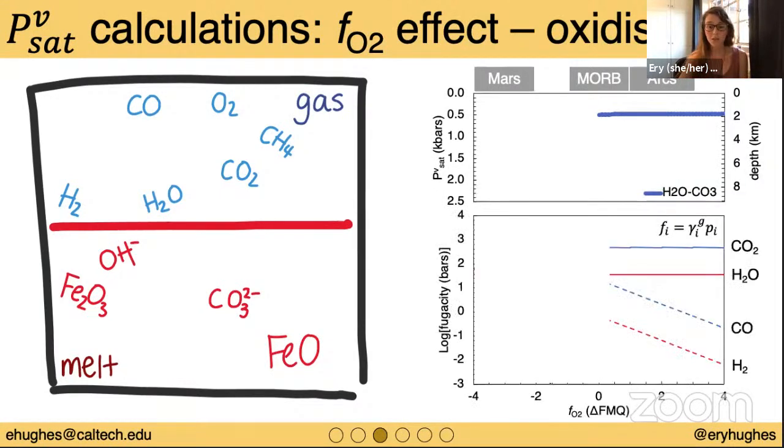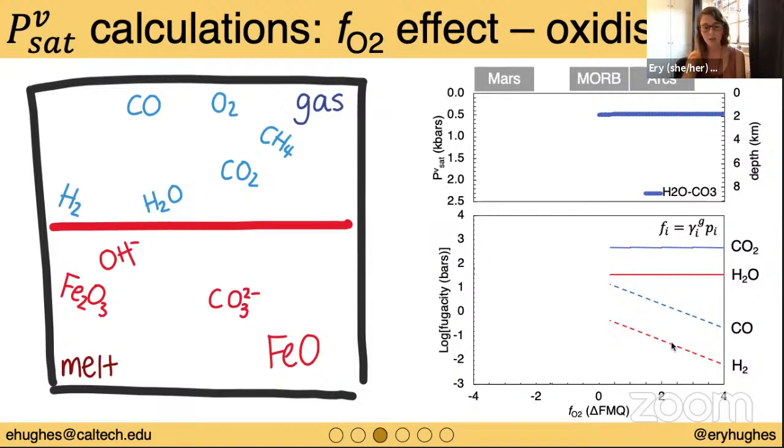And that's because the gas is dominated by carbon dioxide and water. So this plot on the bottom is the log of the fugacity of the different species in the gas phase. Just a reminder, the fugacity is equal to the fugacity coefficient times the partial pressure. And we can see that in these oxidized conditions, our gas is basically just carbon dioxide and water, and these reduced species are a tiny amount because this is a log scale.